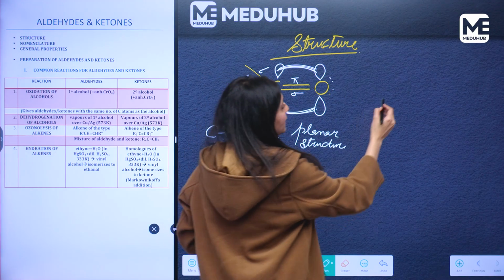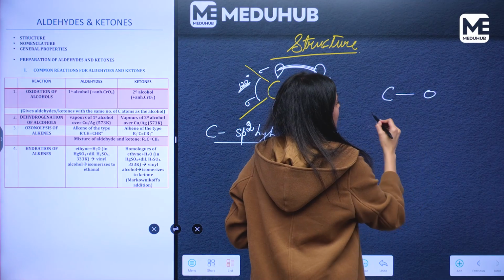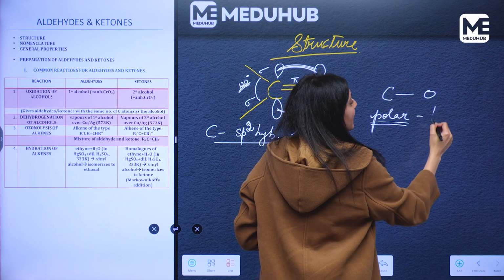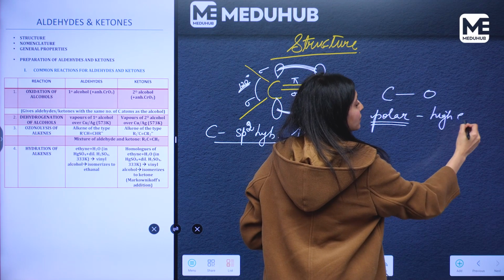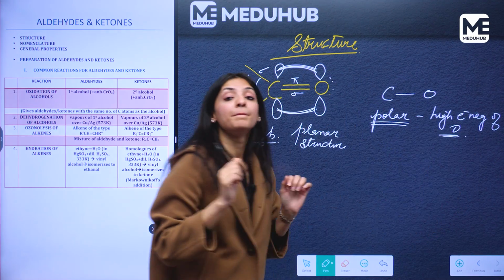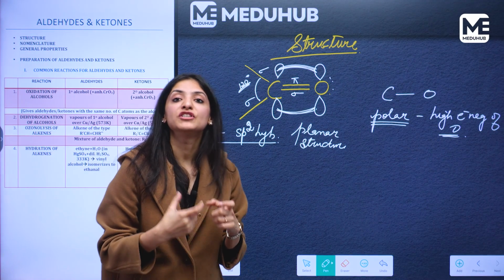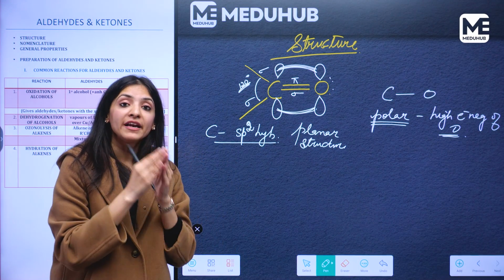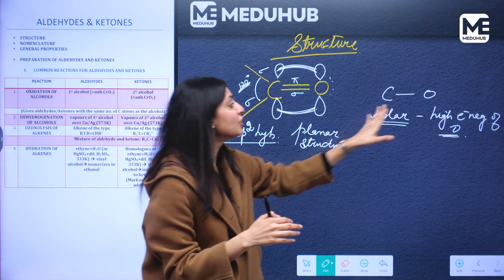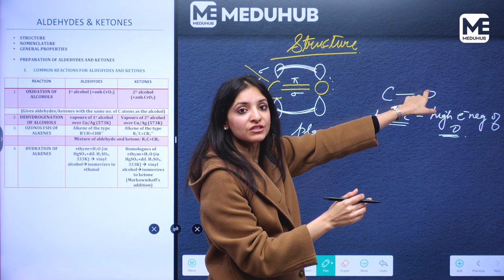Now this bond is polar due to the high electronegativity of oxygen. But the dipole moment measurements that have been found, the values of these are much higher than what would be expected if it is just the inductive effect of this oxygen atom.